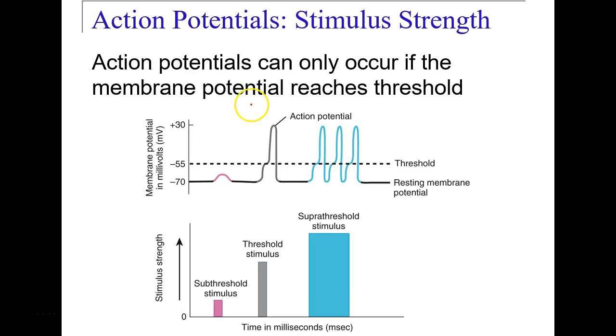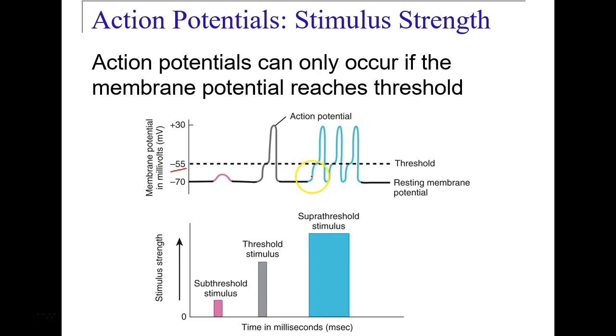Okay, with these action potentials, the stimulus strength is not always going to make a difference. What I mean by that is, to reach threshold and create an action potential, we just have to reach negative 55. So if a stimulus is just strong enough that we make negative 55, we still have an action potential.